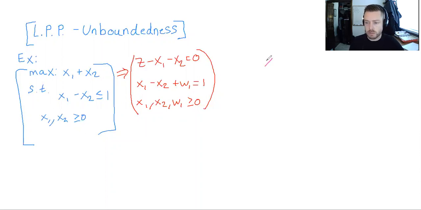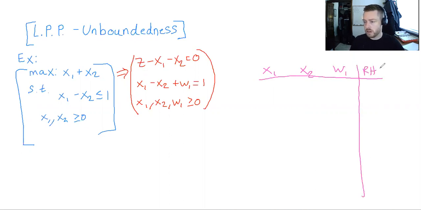So let's do x1, x2, w1. Okay, this is just going to be a quick one. We have our right-hand side of the equation.